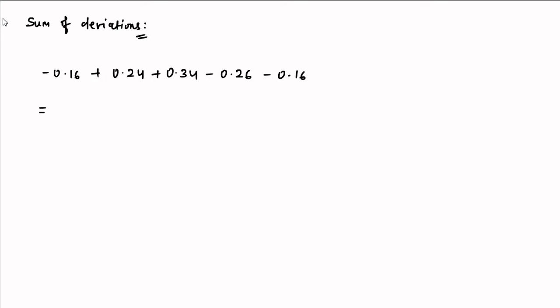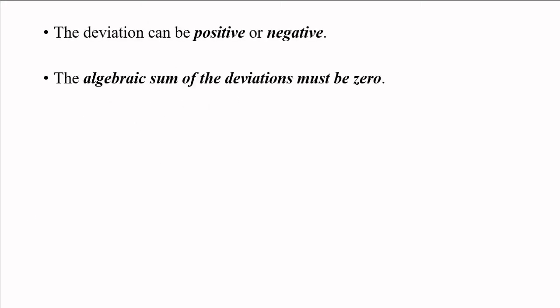So here 0.26 and 0.16 come to around 0.42, which is a negative 0.58, and here 0.34 plus 0.24 is 0.58, which is equal to 0. Okay, so the algebraic sum of the deviations is 0, as it is specified here.